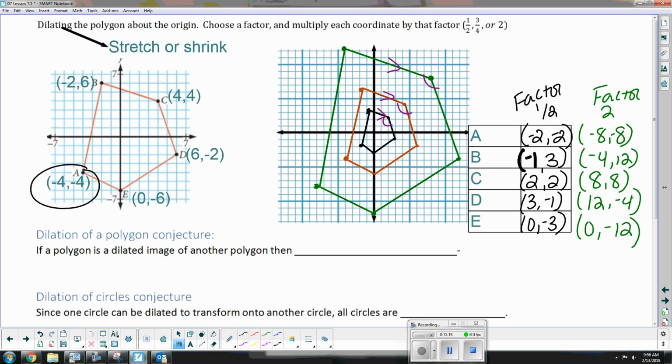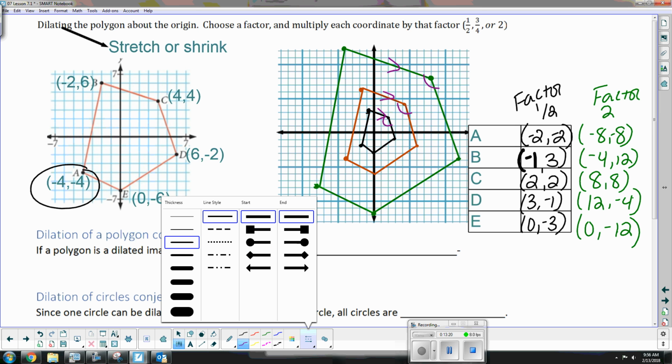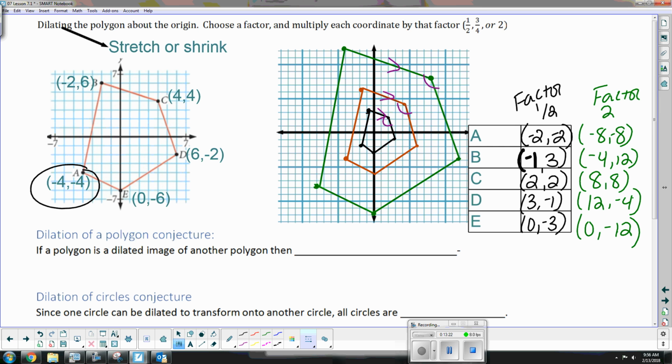It looks exactly proportional. So if a polygon is a dilated image of another, a shrunken or a stretched out image of another polygon, and this time we stretched it above the origin, then the polygons are similar.